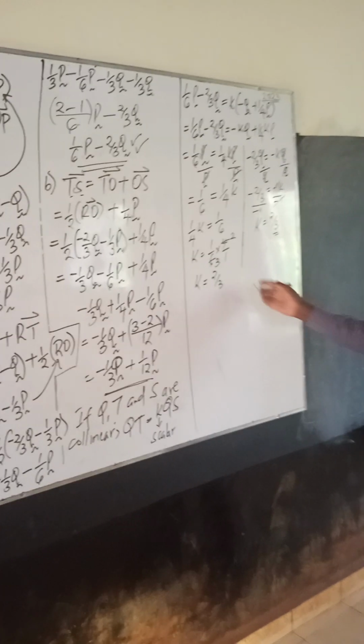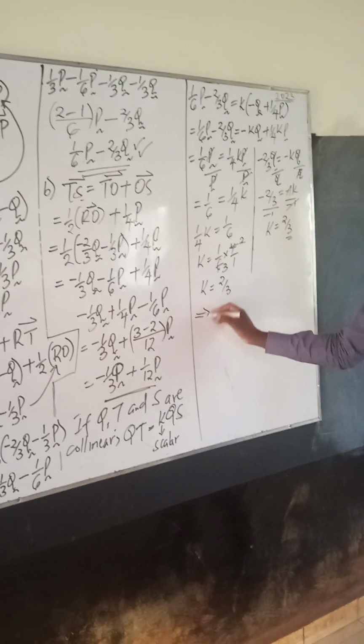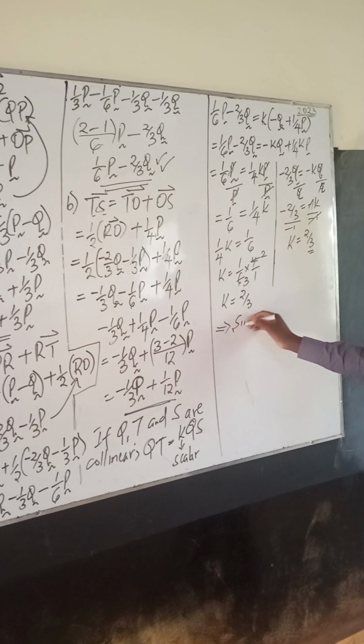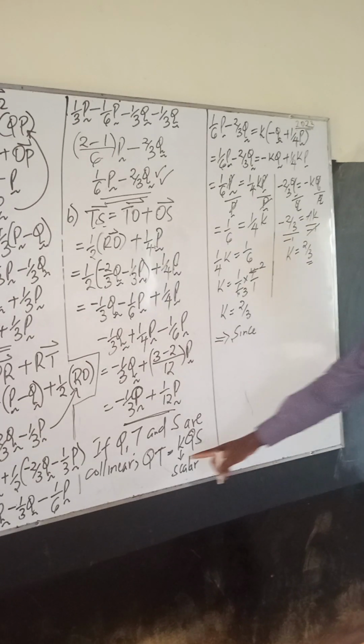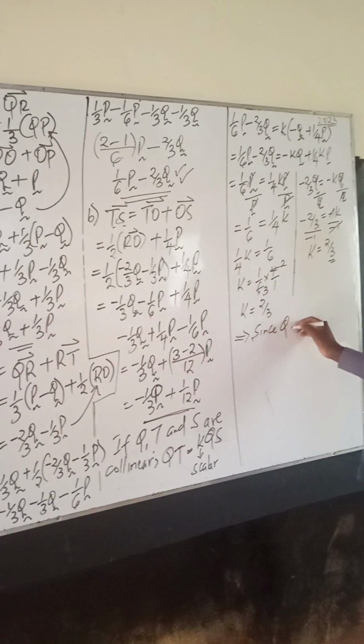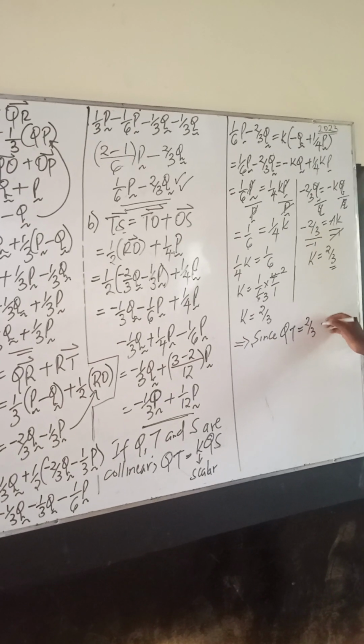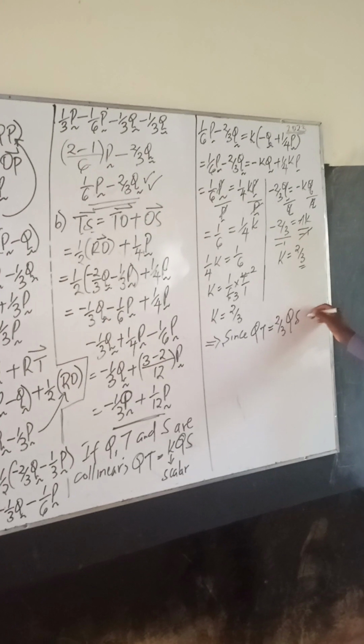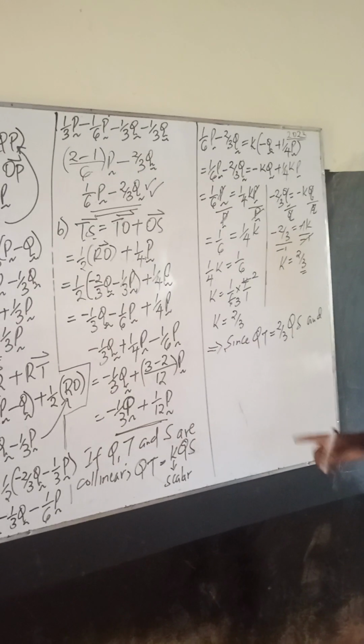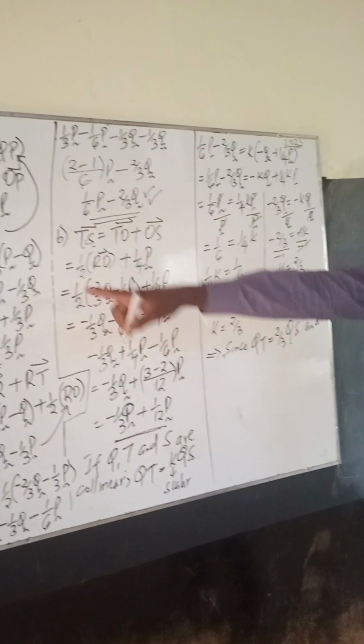So you see, when the values of K, that is the scalar, are the same, you can conclude that QT can now be expressed as 2/3 of QS, and one point must be common.